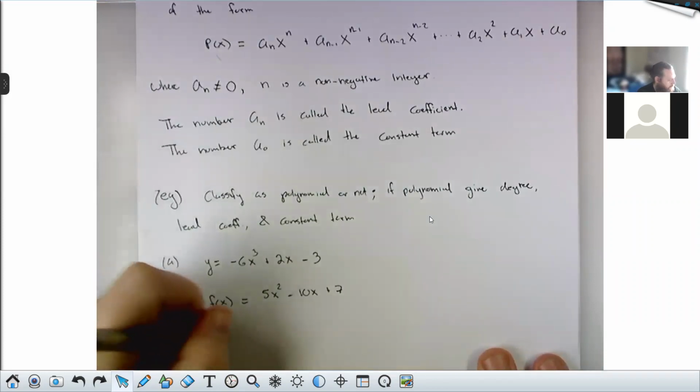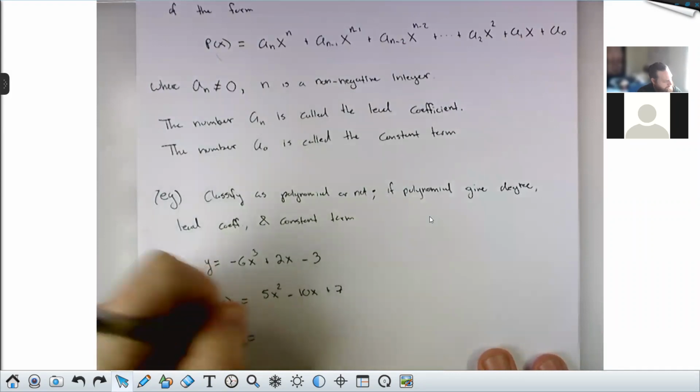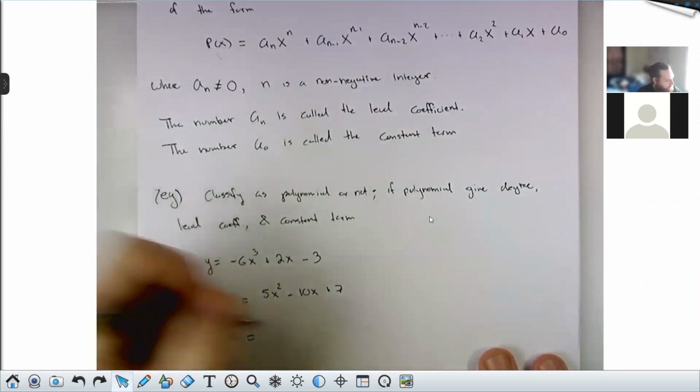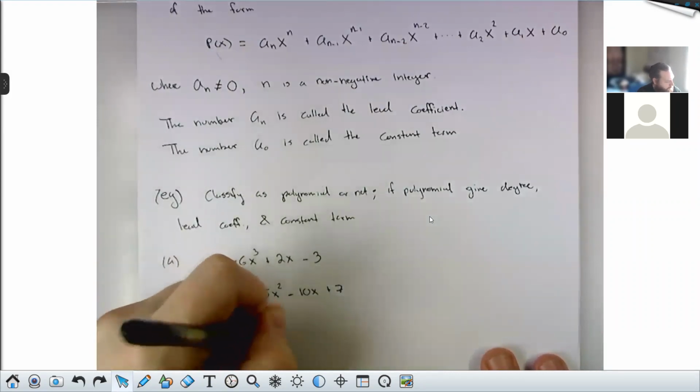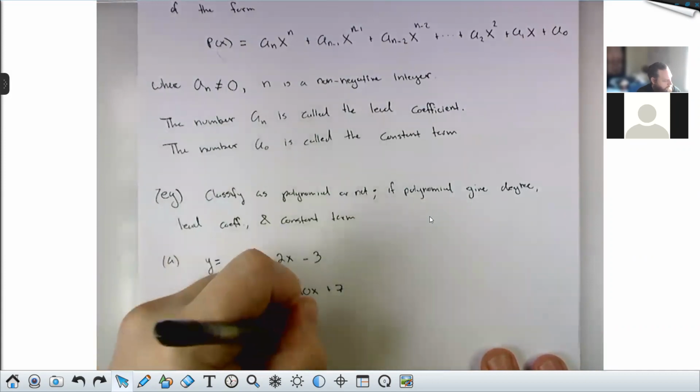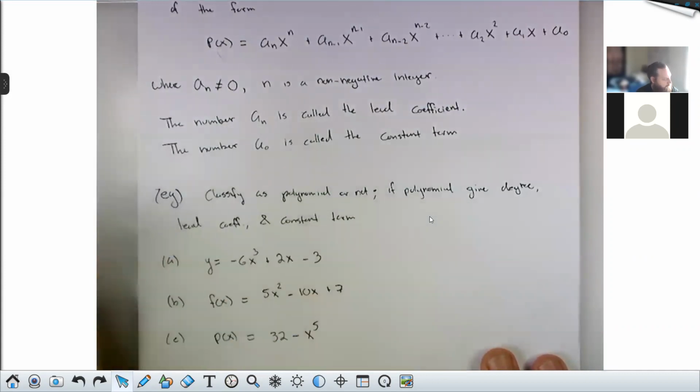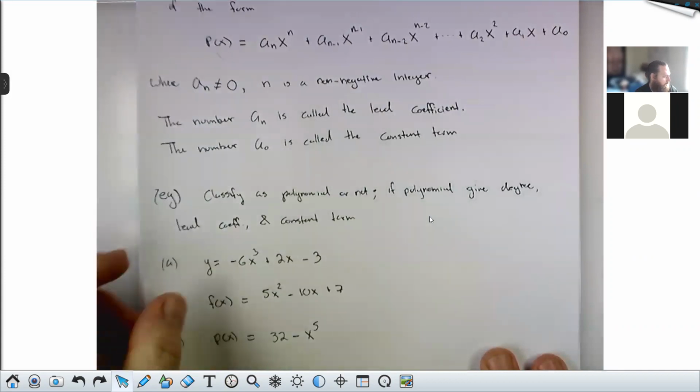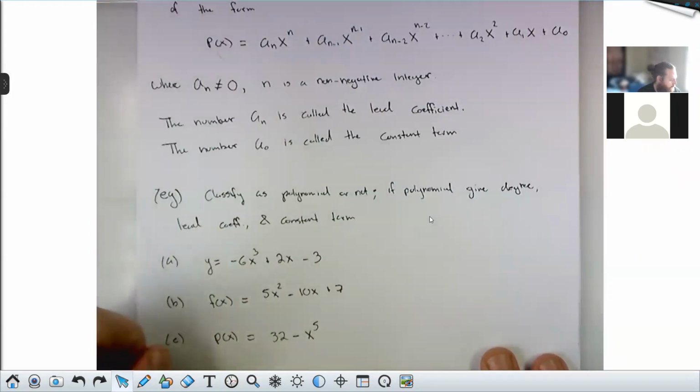Something like p of x equals 32 minus x to the 5. And we'll just do one more.